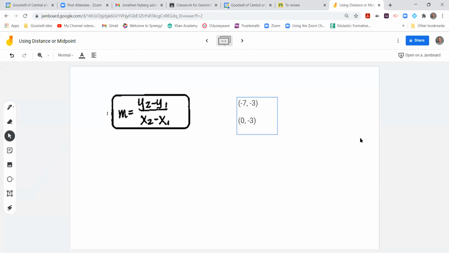If you remember from your ordered pair graphing, the first term is always X, the second term is always Y. Now I don't really care which one you say is the first. And if you look at this equation here, all this does is give you an X and a Y from two different points. That's what the 1 and the 2 refers to.